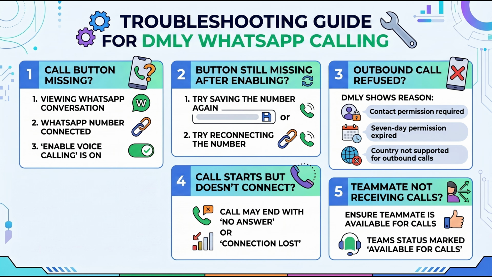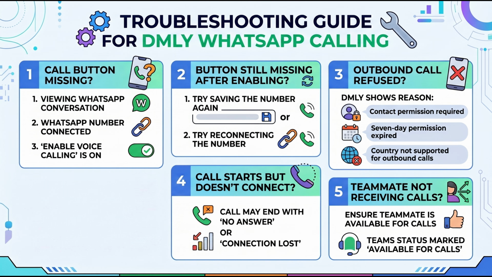Troubleshooting. If the call button is missing, first make sure you're viewing a WhatsApp conversation, your WhatsApp number is connected, and enable voice calling is turned on. If you just enabled calling and the button still doesn't appear, try saving the number again or reconnecting it. If an outbound call is refused, DMLY will show the reason.